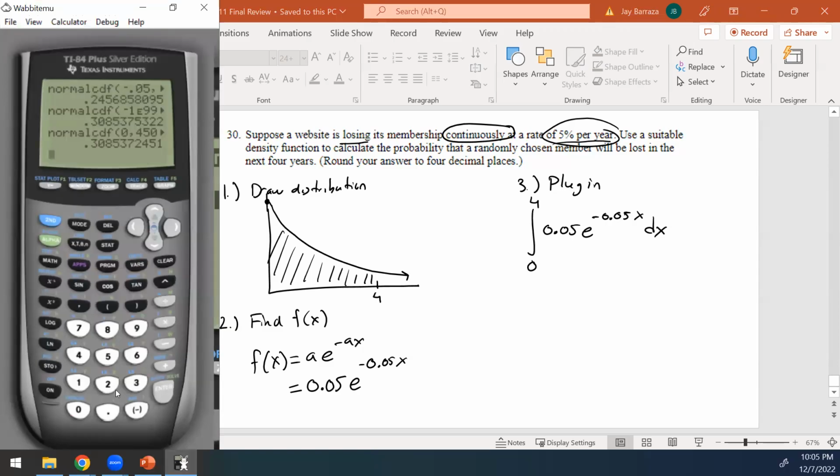And so we use our calculator, clear that. Click on the math button, go down to option number 9, fnInt. I'm going to send an announcement on this, but if you have an Inspire CX II or a CAS, I need to verify that you can't take integrals symbolically.